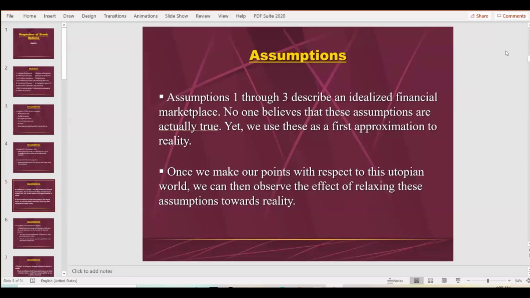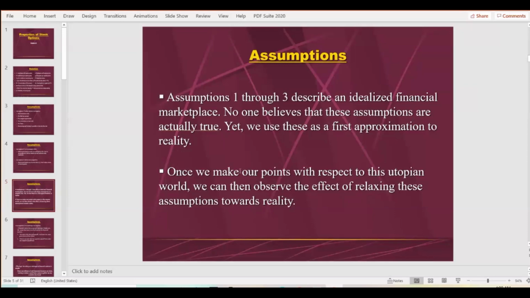And this applies to most theory models in finance. So mainly we have a set of assumptions to simplify things. And once we make our points with respect to this perfect world or this ideal financial market, we can then check what will happen whenever we relax one of those assumptions or more than one assumption at the same time.